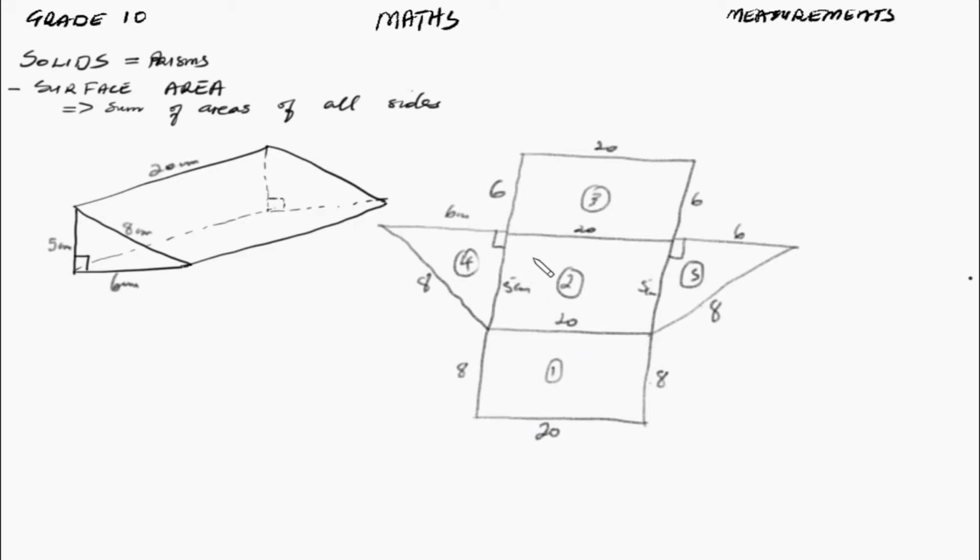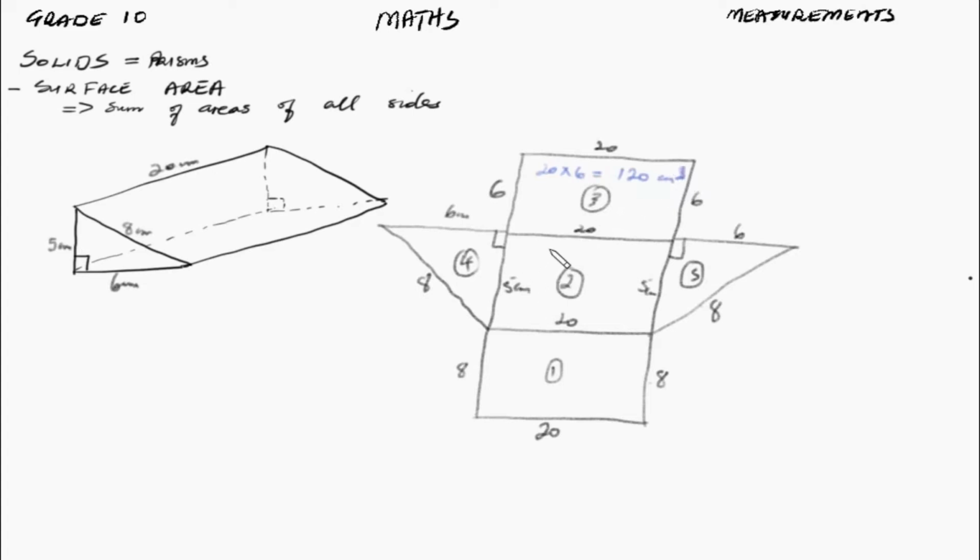Okay, so if you were to find the area of this rectangle, that would be length by breadth, which means you are going to have 6 times 20, or 20 times 6, which is 120 centimeters squared.